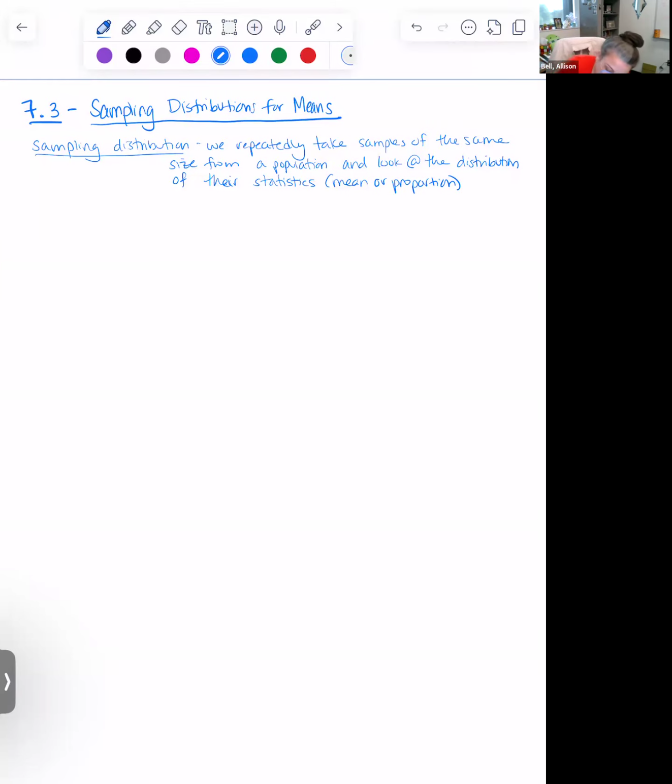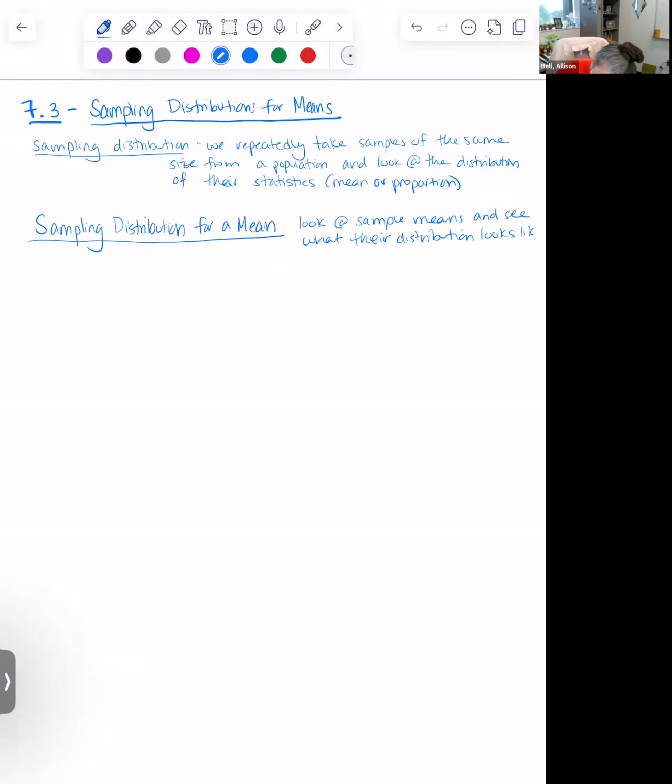statistics. A sampling distribution for means says that we're going to look at the sample means and see what their distribution looks like.